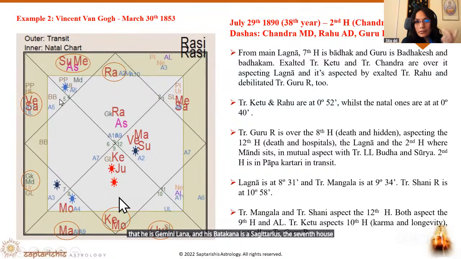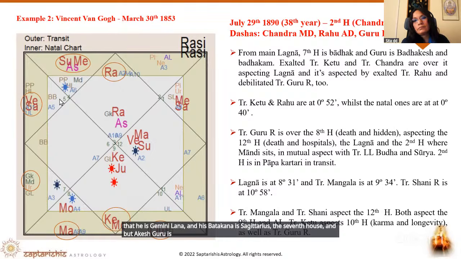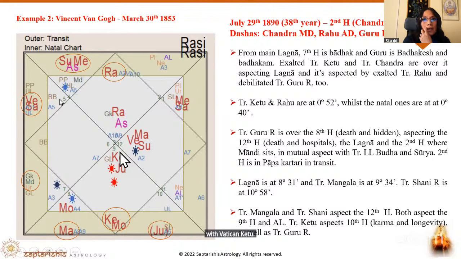And Batakesh Guru is sitting there with Batakam Ketu. And transit Ketu with transit Moon are on the 7th house, plus the aspect of transit Rahu on Guru, on the Batak Sthana. So it's very heavy impact here.